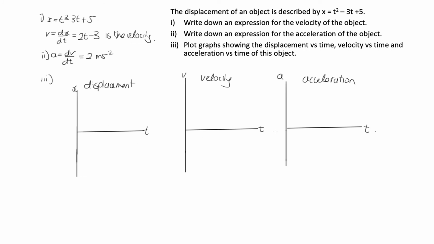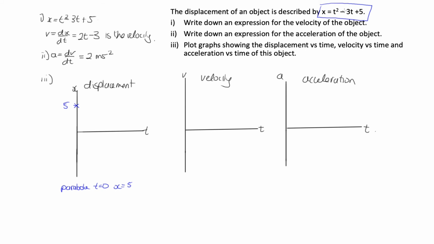Okay, so now I've drawn my axes for my displacement, velocity, and acceleration versus time graphs. Displacement is given by this equation up here, and we can see that this is a parabola. When t equals 0, x is equal to 0 minus 0 plus 5, so this is going to start from 5.